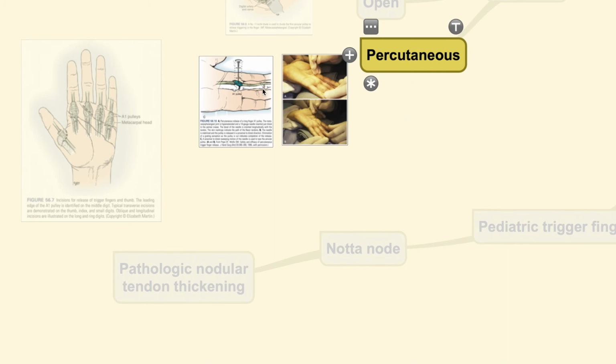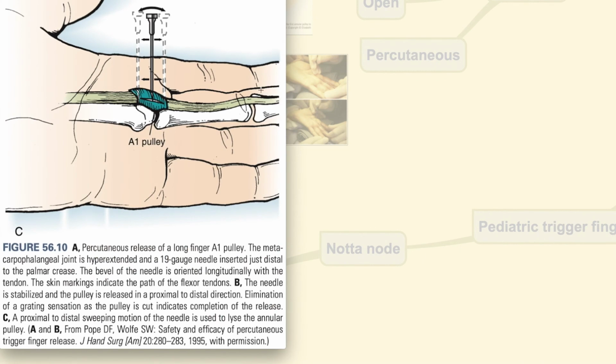Next is the percutaneous technique that is now commonly employed, because this technique can be done in the office with local anesthesia. This technique involves insertion of a needle that is oriented longitudinally with the tendon. We do skin markings to indicate the path of the flexor tendons, and then the needle is stabilized and the pulley is released from proximal to distal.